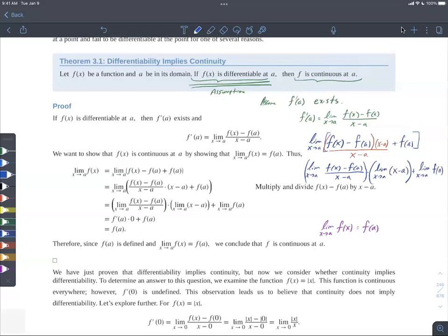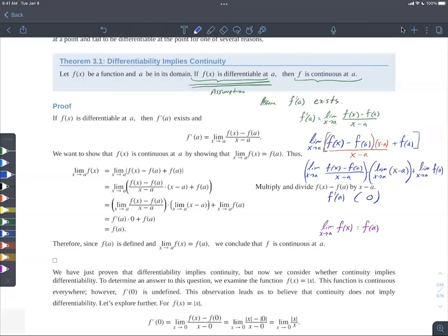Okay, well, what is this first limit here? This is exactly what's written in green up above. This is f prime of a. What is the limit as x approaches a of x minus a? We can do direct substitution. Substitute in a for x, and you get a minus a, which is 0.